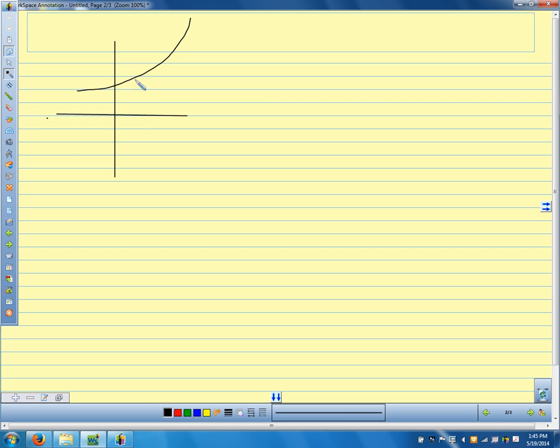And let's say we're interested in the slope at this point, and we're going to say that is at position x. What we're going to do is approximate that slope by drawing in what we call a secant line. So we're going to just connect 2 points on the curve with a line. And we'll say the slope here is approximately the slope of this secant line.